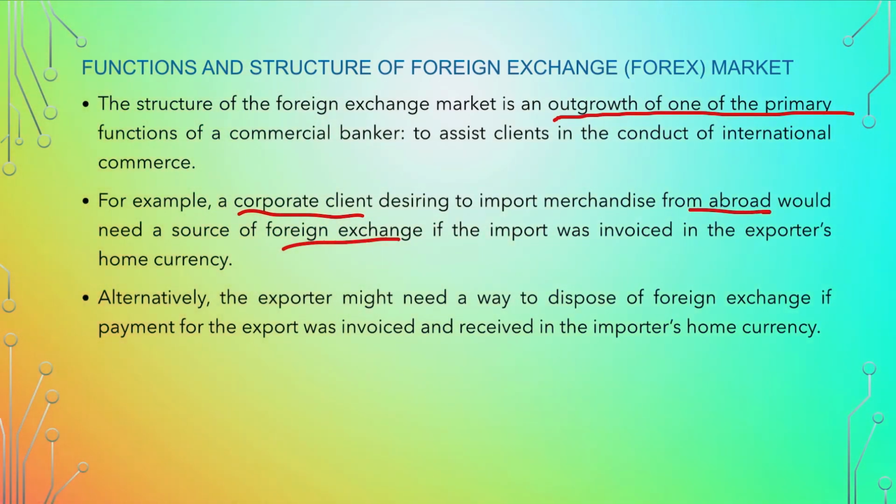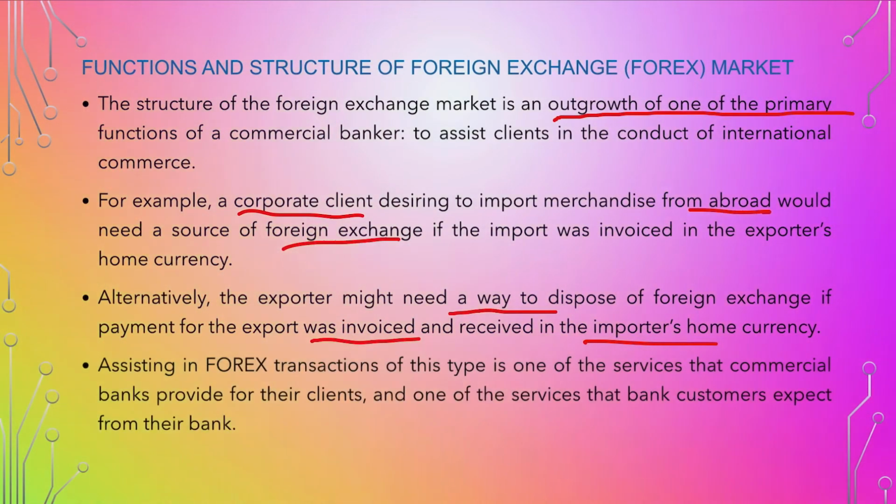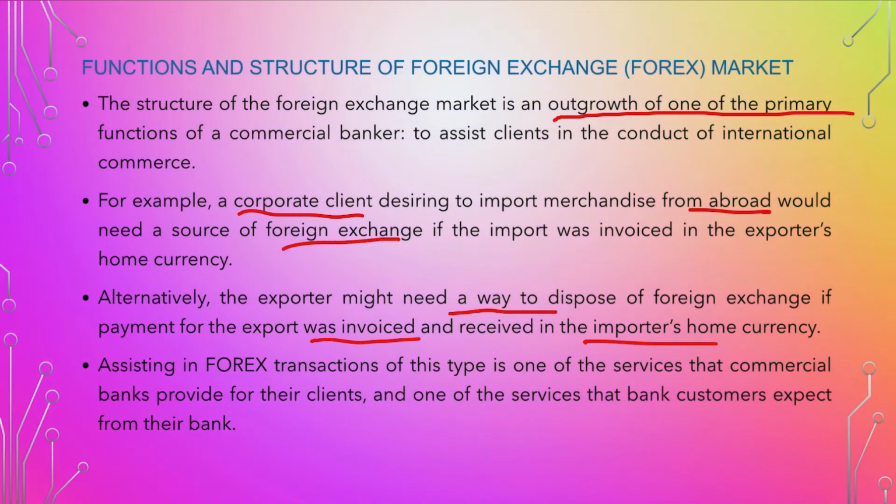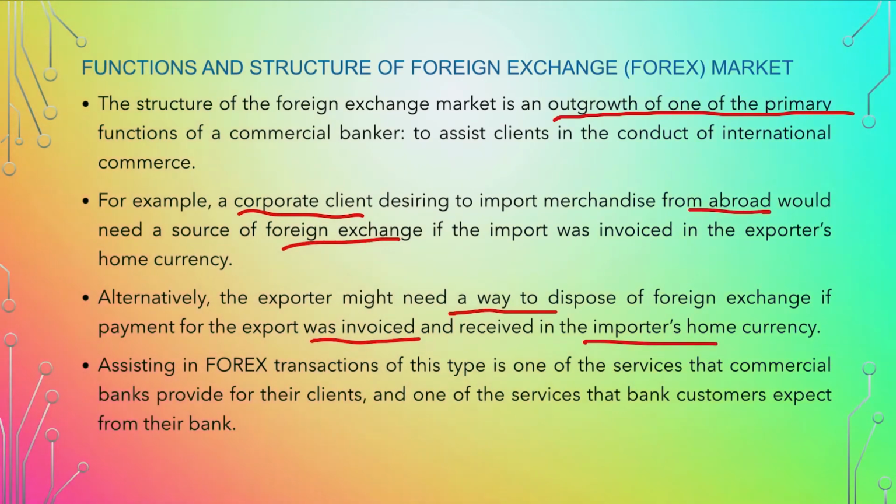Alternatively, the exporter might need a way to dispose of forex if payment for the export was invoiced and received in the importer's home currency. Assisting in forex transactions of this type is one of the services that commercial banks provide for their clients, and one of the services that bank customers expect from their bank.